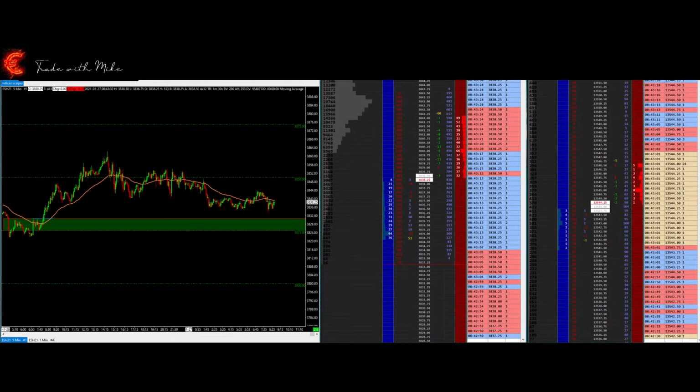It's kind of held here around the moving average, so it could be the same thing like yesterday here, the lows, like it's creating a double bottom or something. See, it's kind of holding it here.